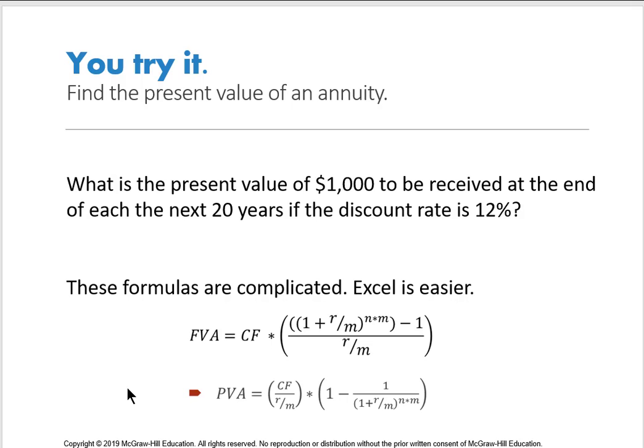When you solve this, in the end, it's around $7,469. Again, solve that, pause this real quick, see if you can get that answer. Also, what I would suggest is go to Excel, see if you can plug the numbers in, and again, get that same answer.